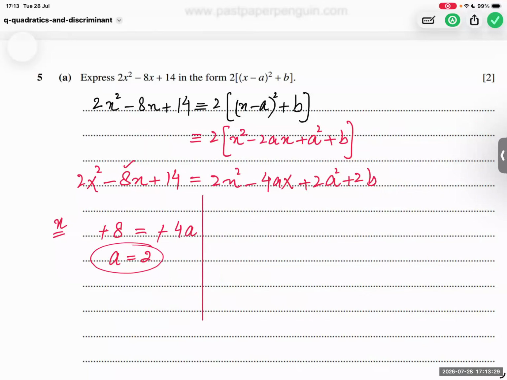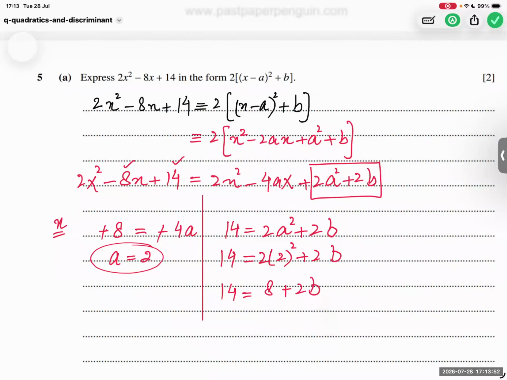Similarly, we can compare the constant. Now for constant, this is 14 and this is 2a square plus 2b, okay? Giving us 14 is equal to 2 into 2 square plus 2b. So 14 is equal to 8 plus 2b.